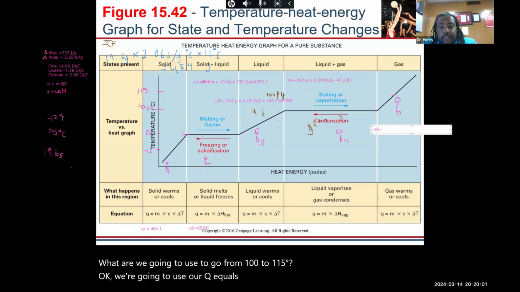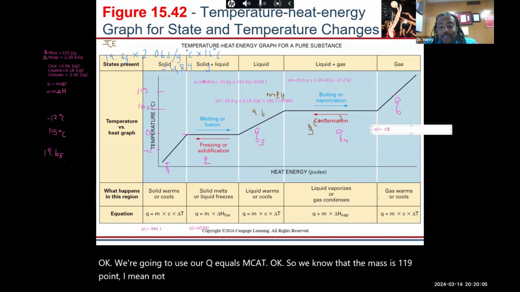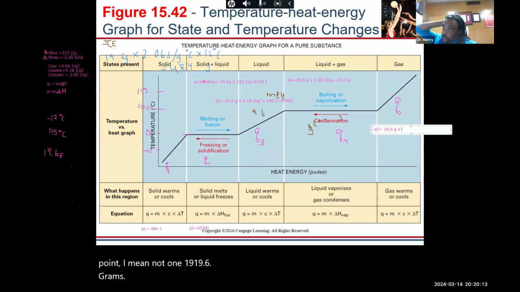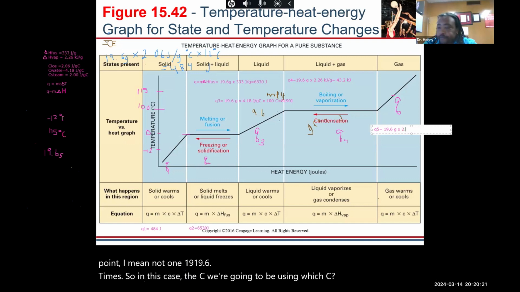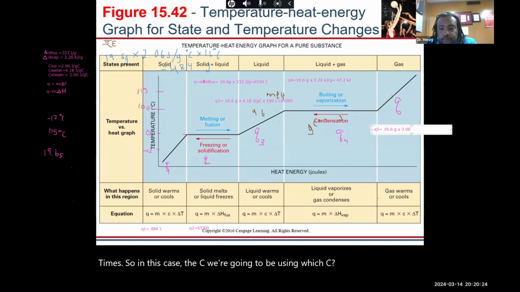So we know that the mass is 19.6 grams times, in this case, which c are we going to be using? The 2.0, which would be the steam, in joules per gram Celsius.